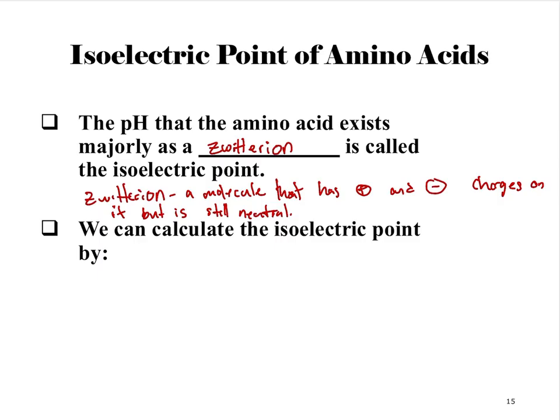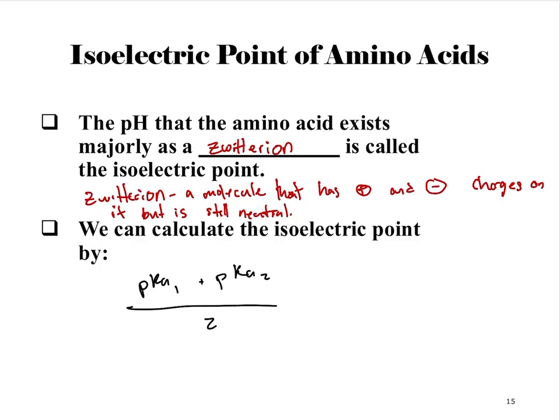And so the way you calculate the isoelectric point is this: you just take the pKa of each of the 2 acidic protons and divide by 2. For example, we had isoleucine on the previous slide that had only the N-terminus and the C-terminus.